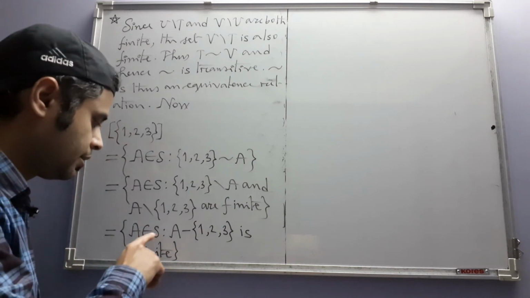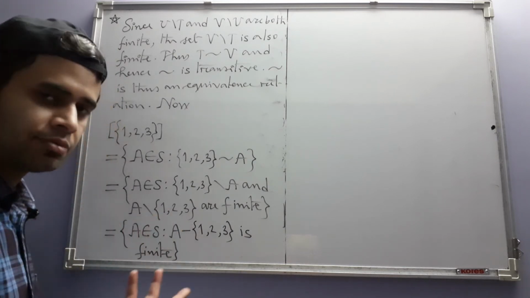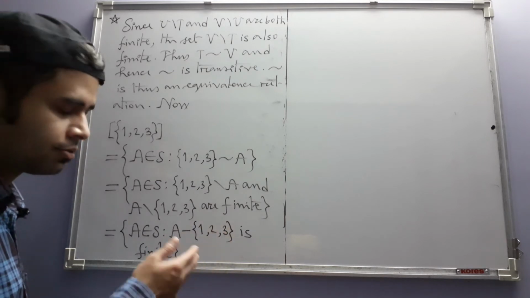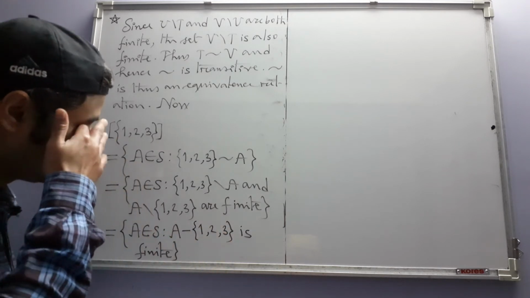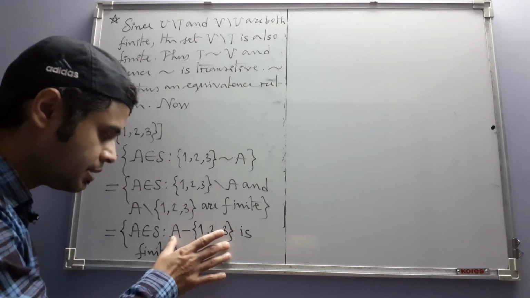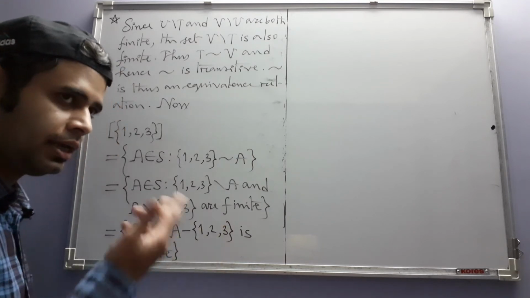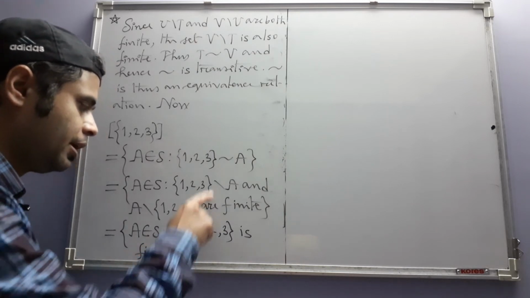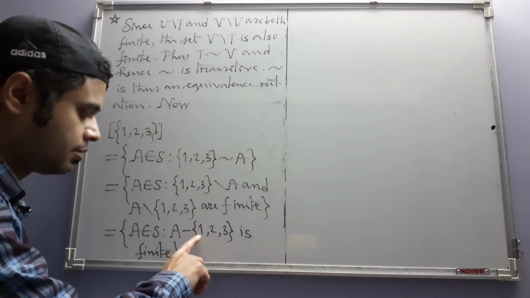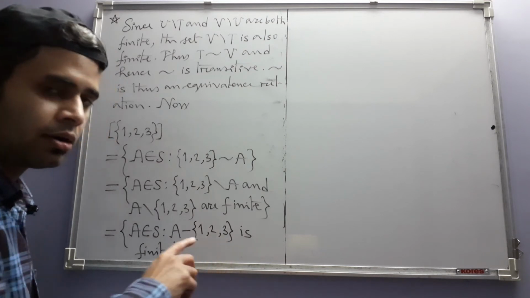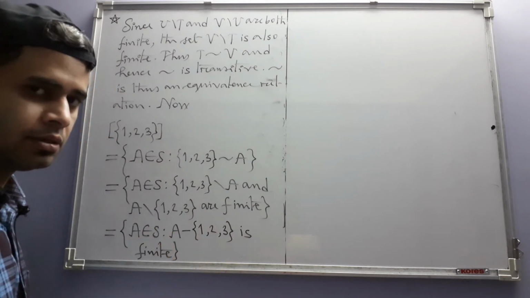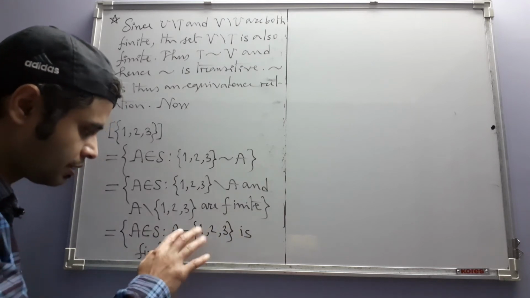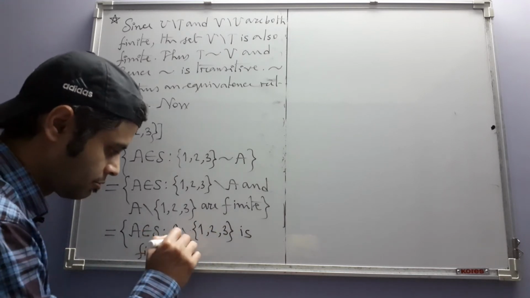Now note that if A itself is a finite set, then clearly this being a subset of A will be finite. Conversely, if this is finite, then A has to also be finite. How? Because if A is infinite, then removal of just 1, 2 and 3, which are finite in number, cannot make this difference finite.